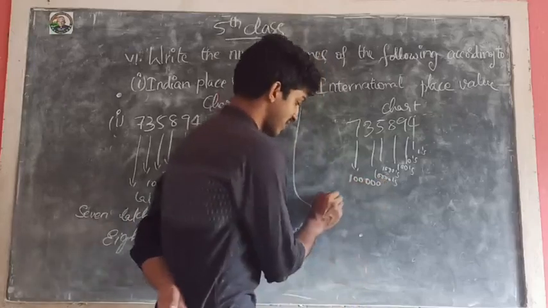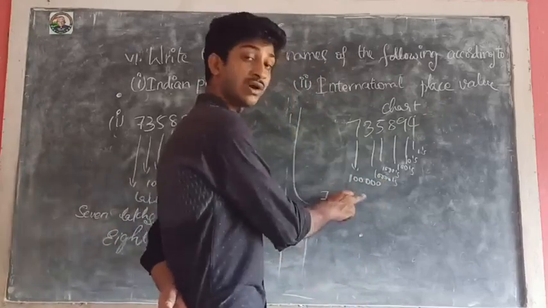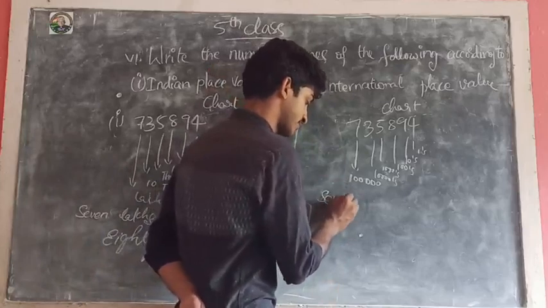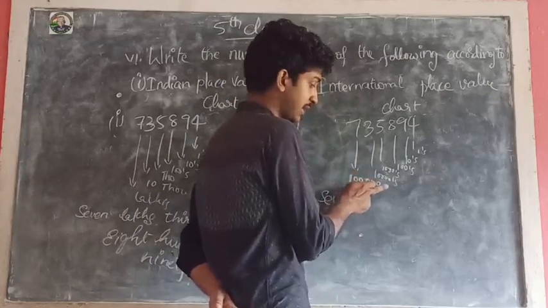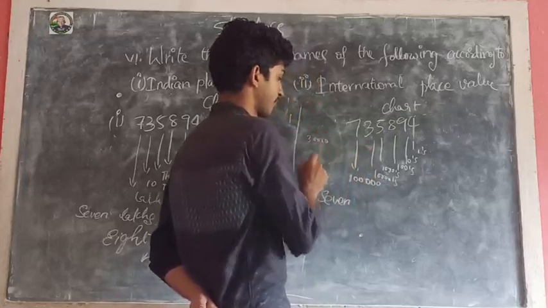So start with 7. The place value of 7 is 7 into 100,000, that is 700,000. And 3 is in the 10,000s place, which means 30,000.